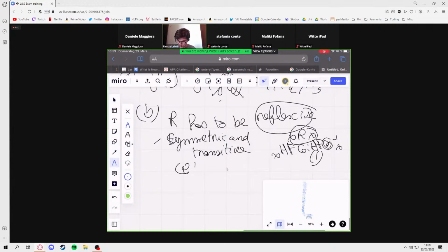So 2, we have to look at symmetry. So we suppose that there's an X R Y, so a student and a grade.